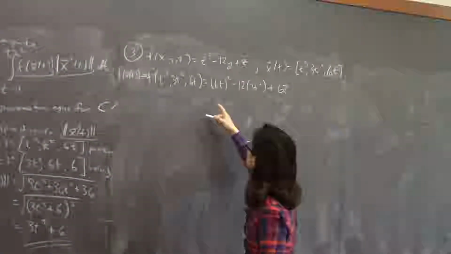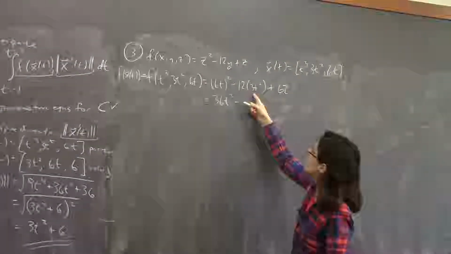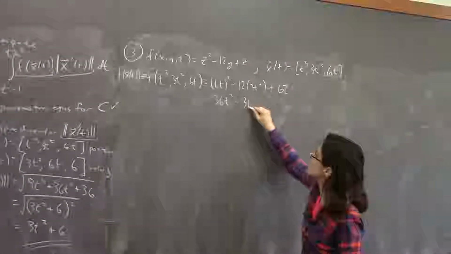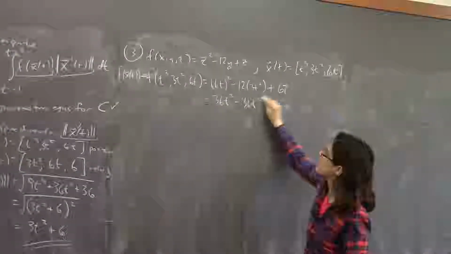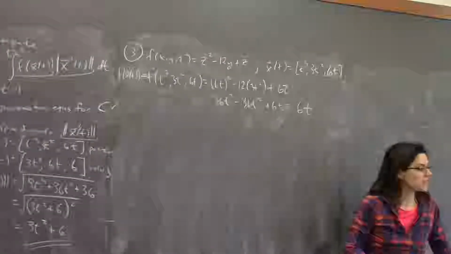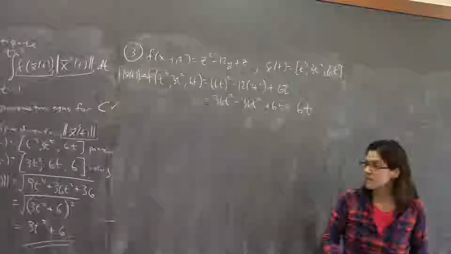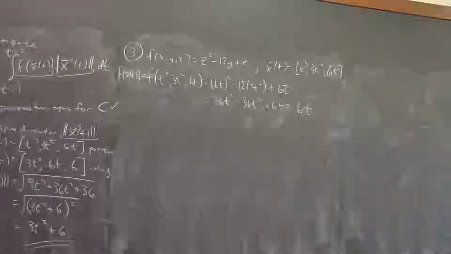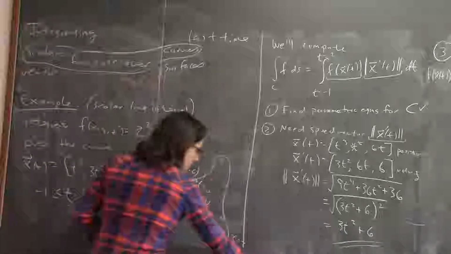Okay, let's compute this out. 6t quantity squared is 36t squared. 12 times 3t squared is 36t squared, so minus 36t squared, plus 6t. So these two parts cancel out, and the function value is just 6 times t. So the function value is 6 times whatever time it is. Pretty nice. So now, actually, we can go back to our picture. I didn't know whether the function was going to be positive or negative at each point, but now we know.